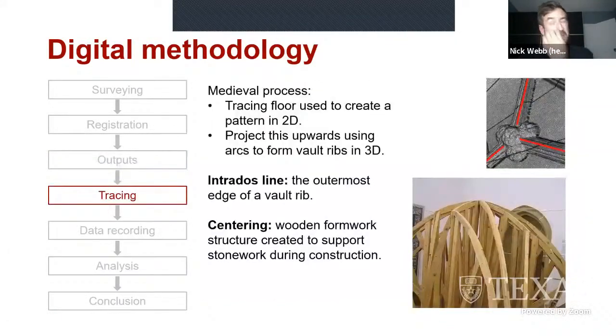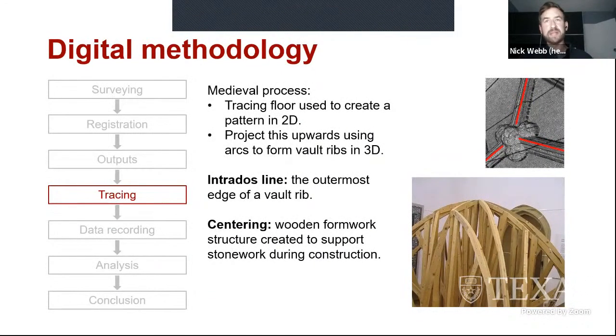Okay, so here's that next step. We've now got all of the data that we require. We need to think about what to do with it. So critically for us is something called the intrados line. This is the outermost edge of the stonework of a vault rib. And when the vaults were being constructed, these would have sat on timber centering.